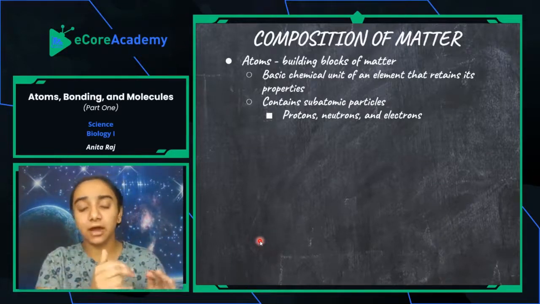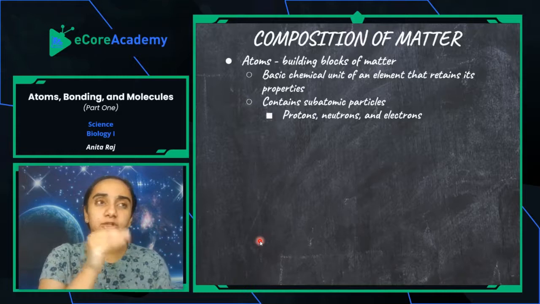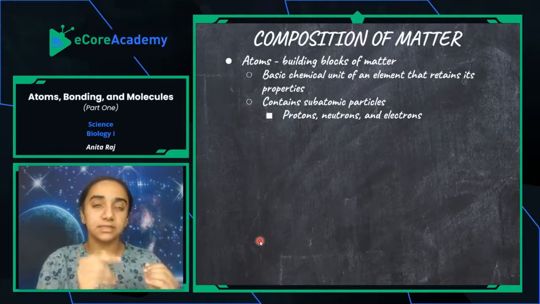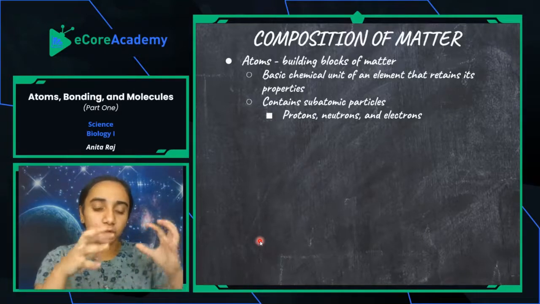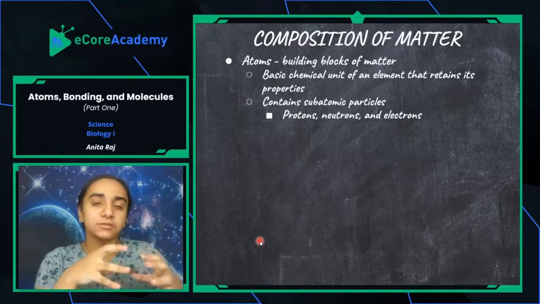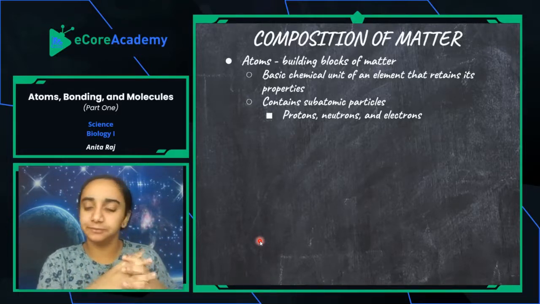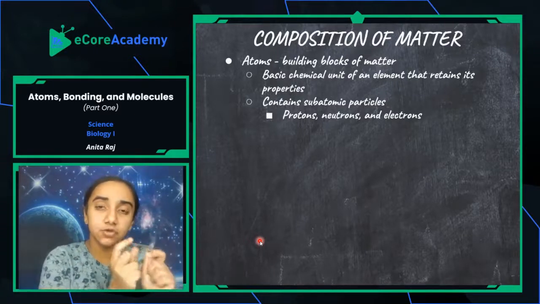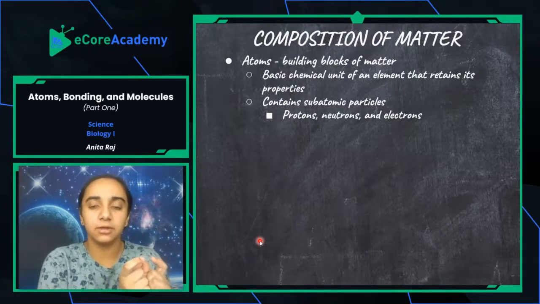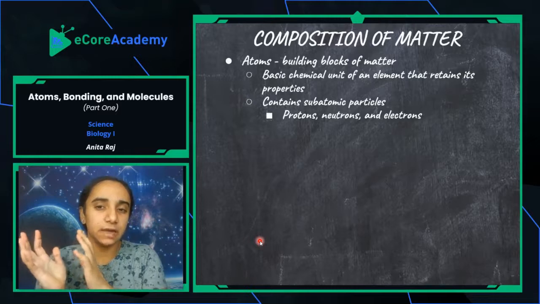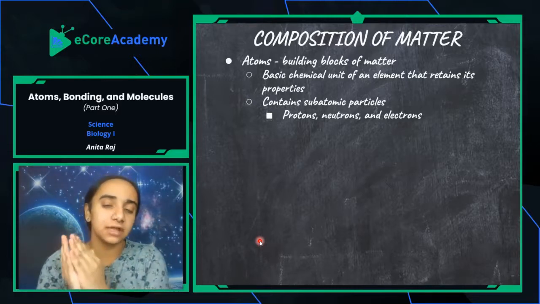If we go into the atom and look at the subatomic level, sub meaning even lower, then if we break it down even smaller, that's when you start losing the property of an element. If I look at the individual protons inside of an atom, then you start losing the actual property that makes this element special.